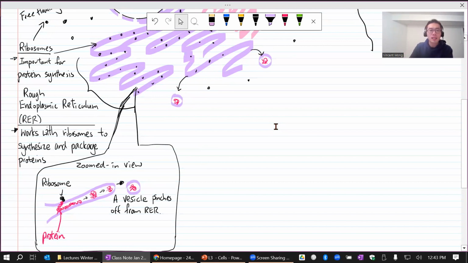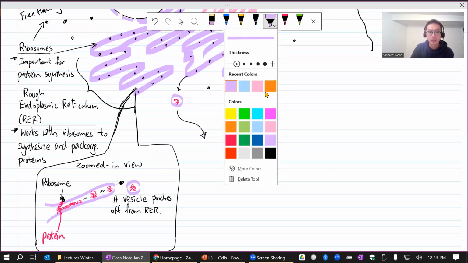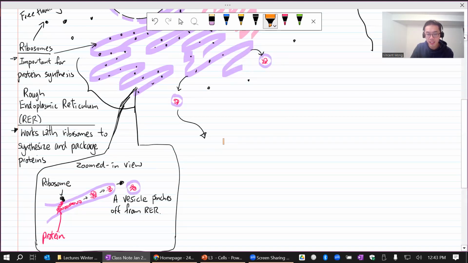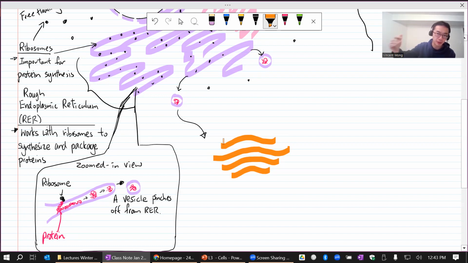So let's take a look at what's going to happen to this bubble, right? So this bubble actually will move to another organelle. So this organelle is also a series of membranes, and they are arranged one after the other.